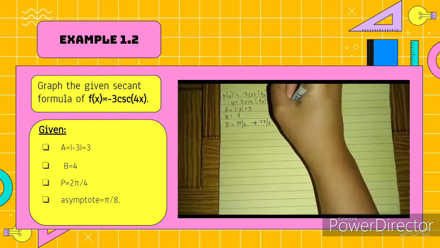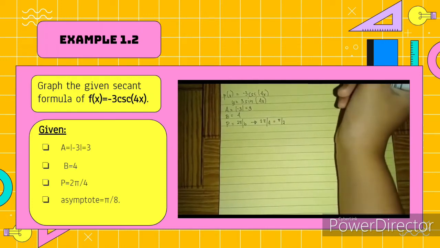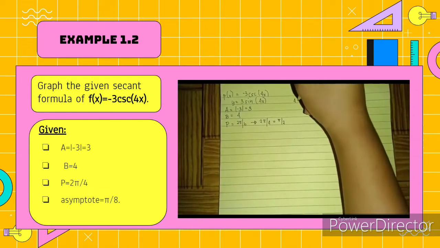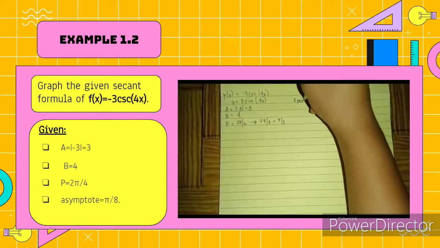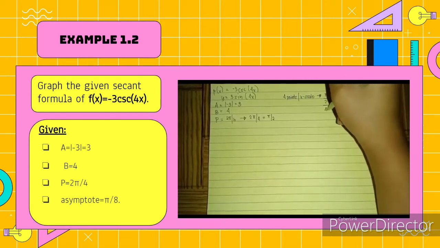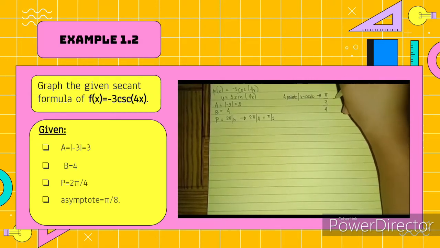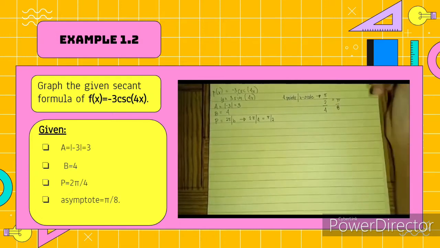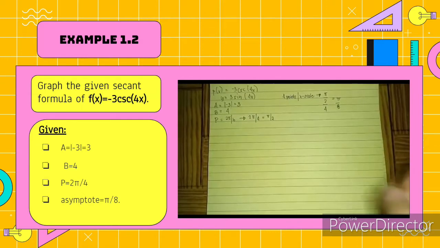And lastly, our period is equal to 2 pi over b, which is 2 pi over 4, equal to pi half. So the important thing we have here is the x scale or 4 points. In order to get the x scale, we need to divide our period by 4, which is pi half divided by 4, equal to pi over 8.